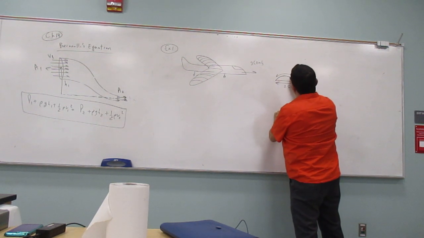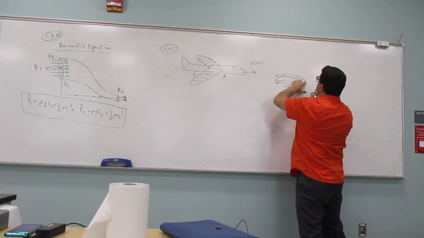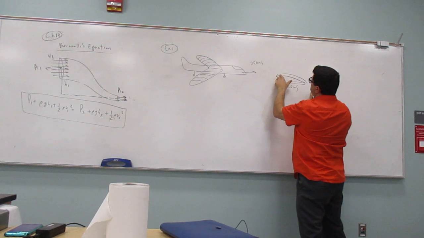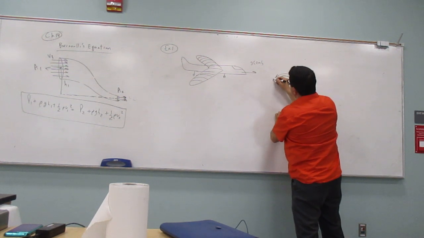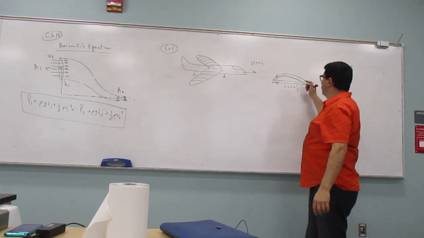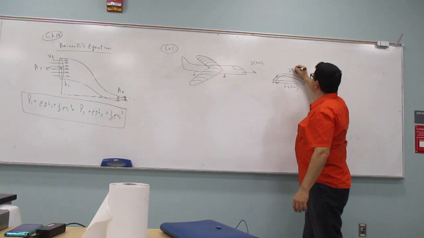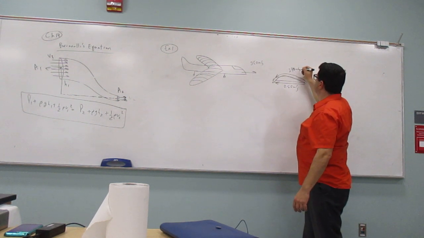I think the design of the wing is like that. It goes kind of straight and then drops. So this one goes like this, then develops some turbulence. And then this one is going to have a bigger velocity, let's say 270 meters per second. Let's guesstimate.